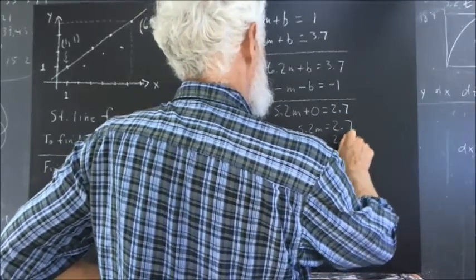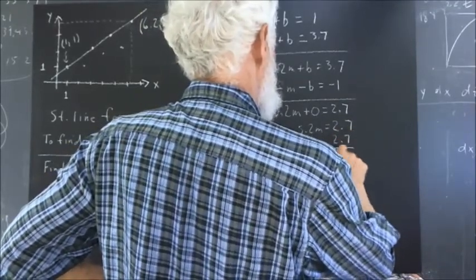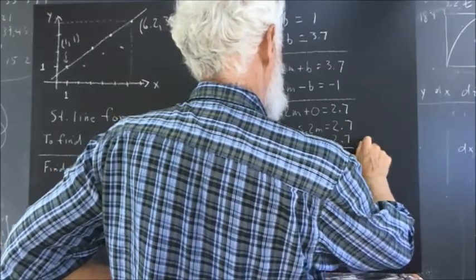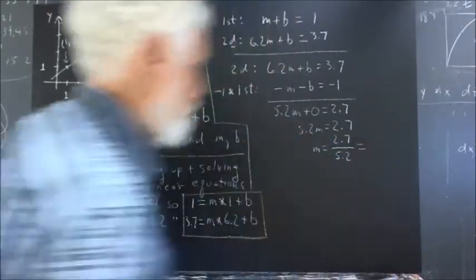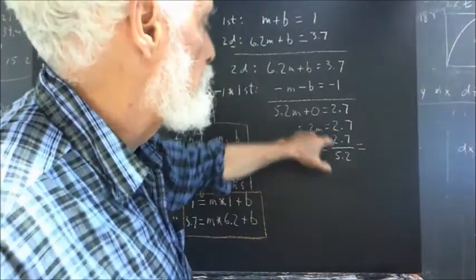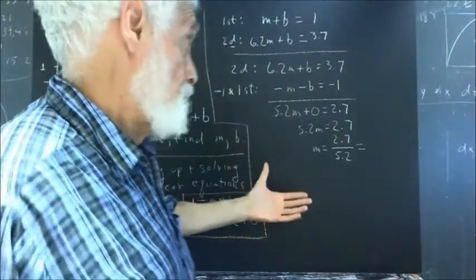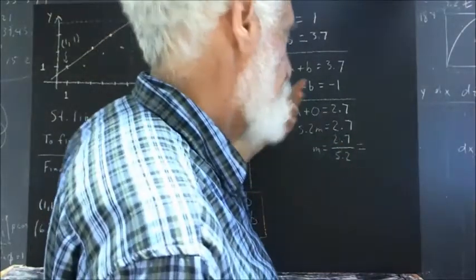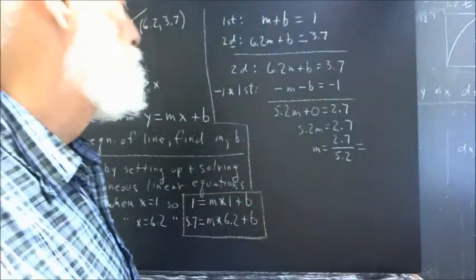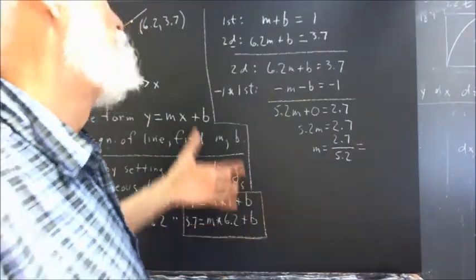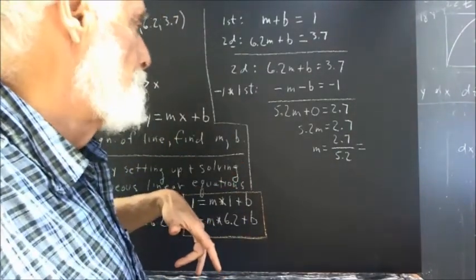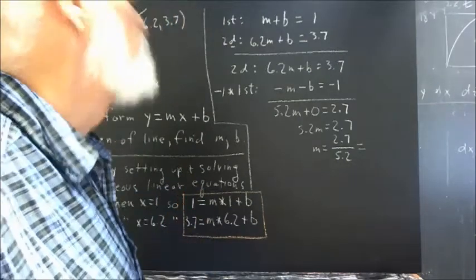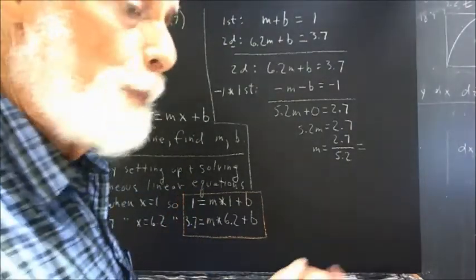So that m equals 2.7 over 5.2, which equals what? Well, if this was 2.6 over 5.2, the result would be exactly 0.5. Now, 1 part in 27 is approximately 4%. So if I increase 0.5 by 4%, I'm going to get something like 0.52.